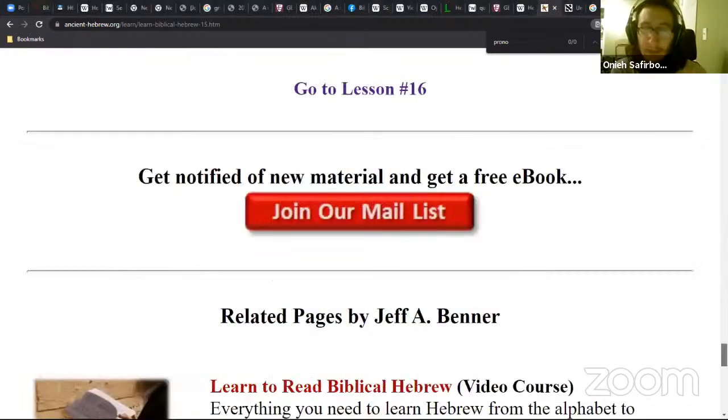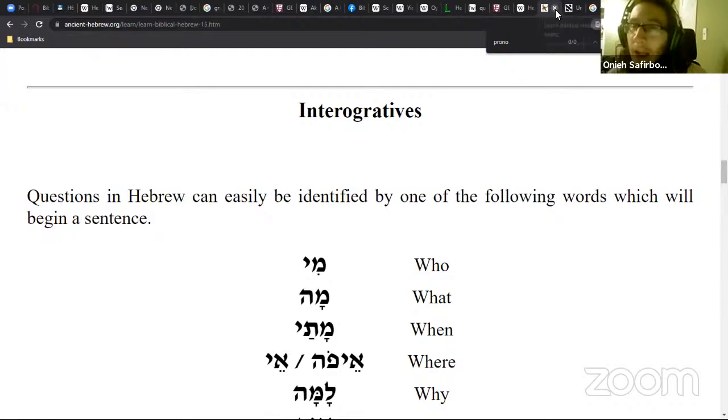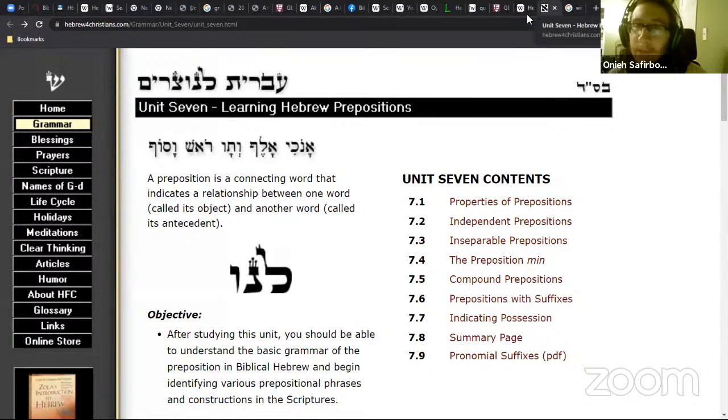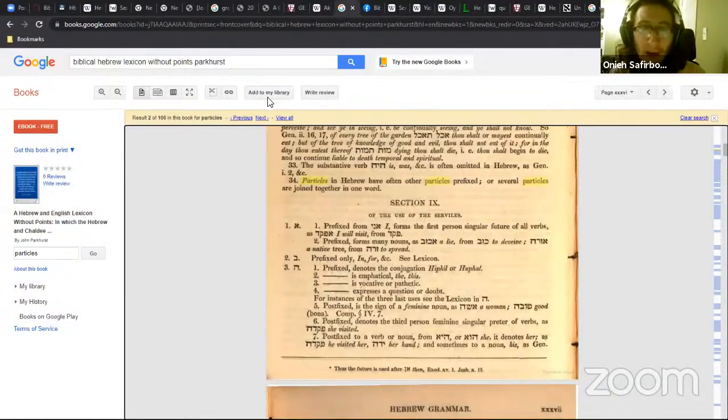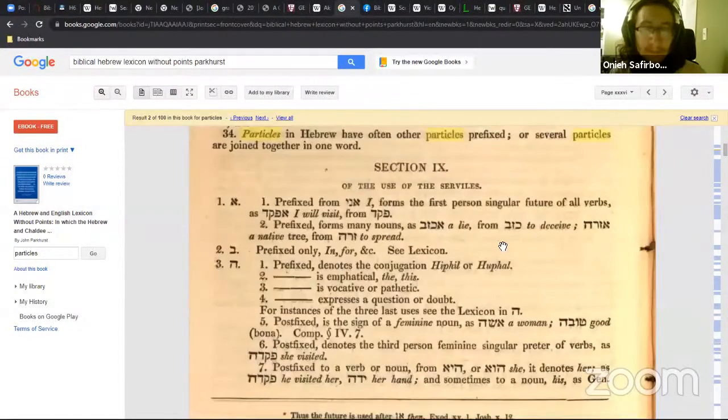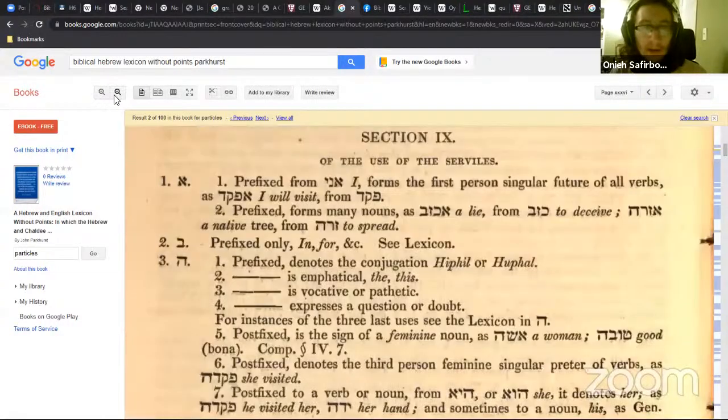Okay, so we've gone through that. Now let's see here. No, which one? Here we go. All right. So now, actually, I'm going to switch to the document file just for a little bit.